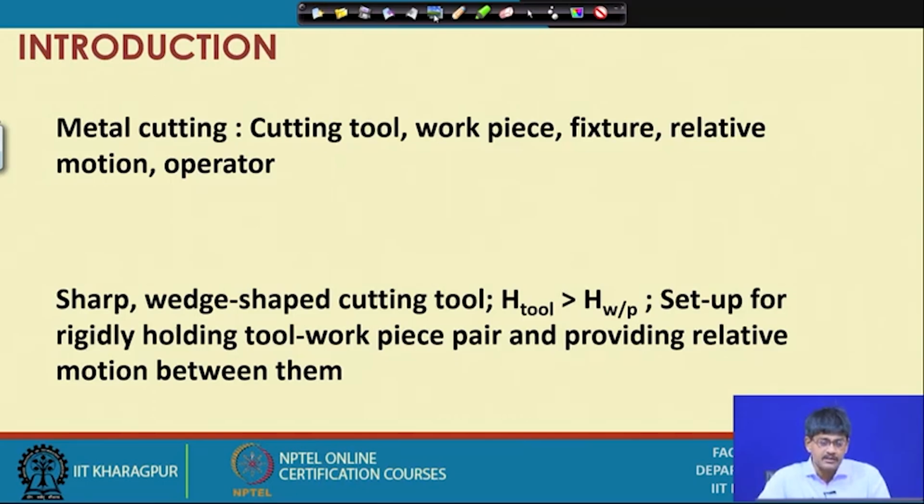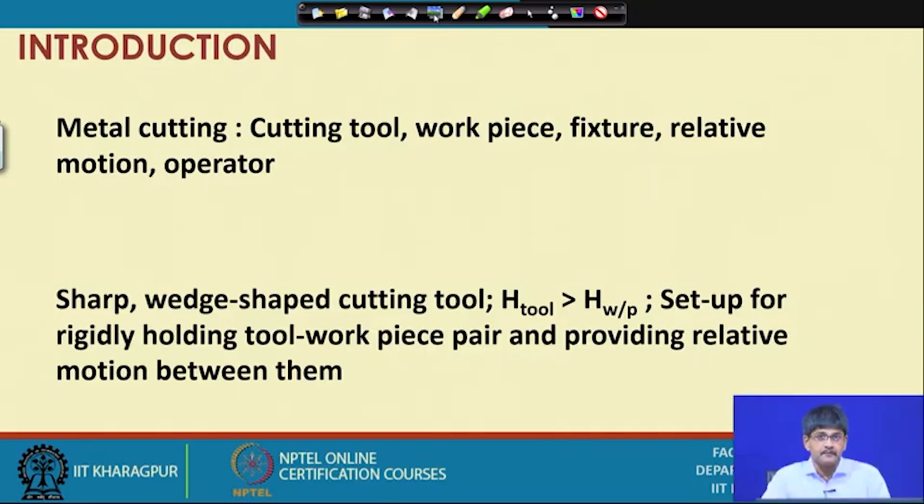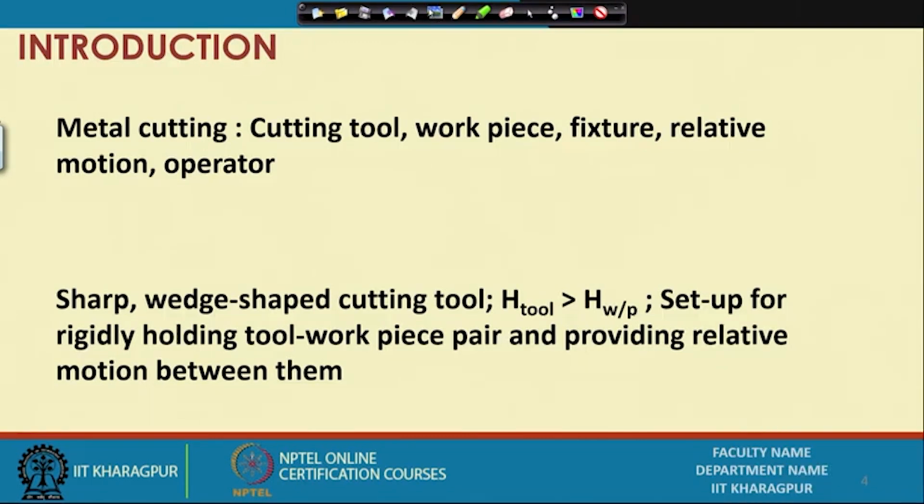So, cutting tool is that particular small piece which removes material by dint of its hardness, sharp point and wedge shape, and the machine tool is the body which holds the workpiece and tool rigidly so that they cannot deflect, and also it provides the relative motion between them. Okay. That is the machine tool. So, cutting tool and machine tool, they are absolute necessities in the metal cutting system.